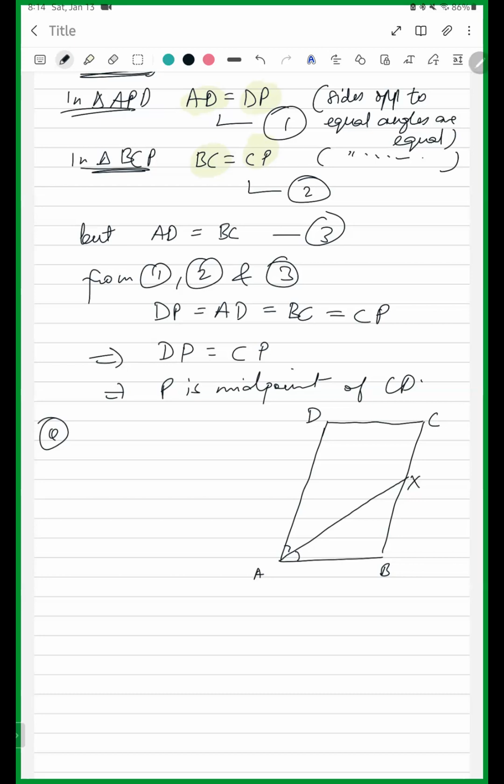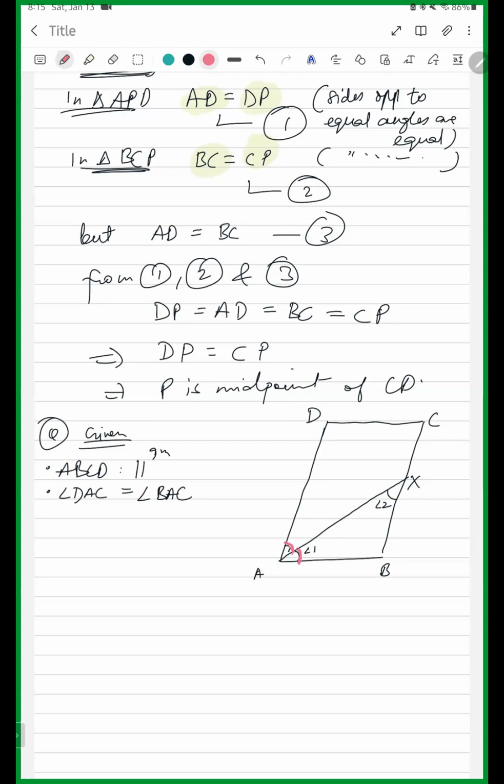Let's call this angle 1 and let's call this angle 2. What is given? ABCD is a parallelogram. Then angle DAX is equal to angle BAX, meaning these two angles, this one and this one, are equal.